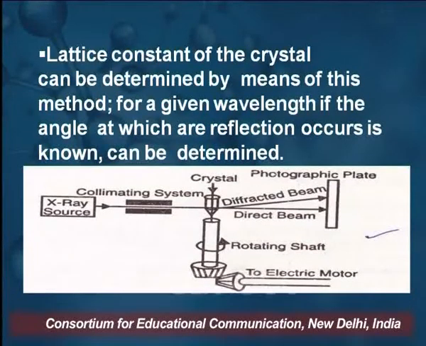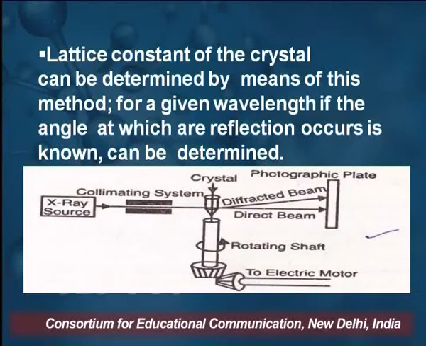The lattice constant of the crystal can be determined by means of this method, and for a given wavelength, if the angle at which the reflection occurs is known, it can be determined. A particular wavelength falls upon a crystal at a particular angle, and on the photographic plate we can find the pattern, and that will define the lattice constant of a crystal.